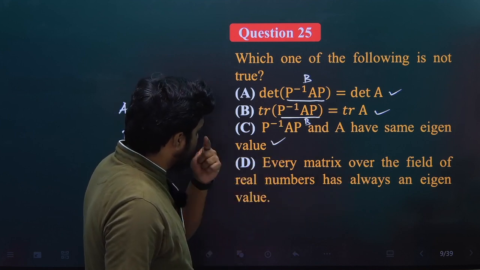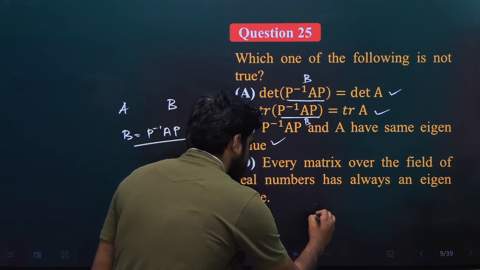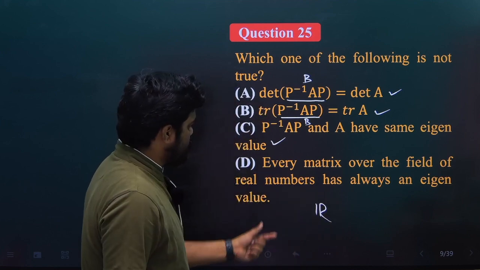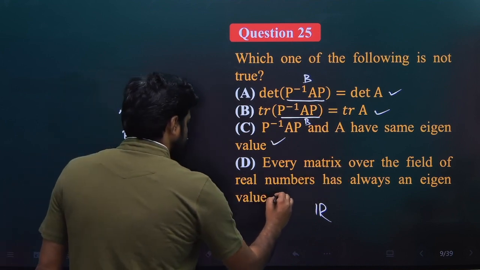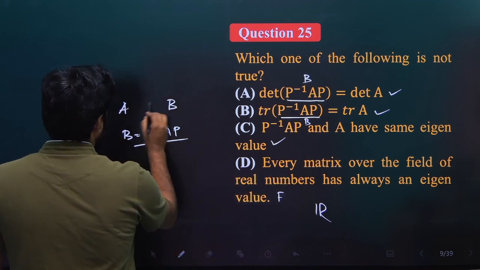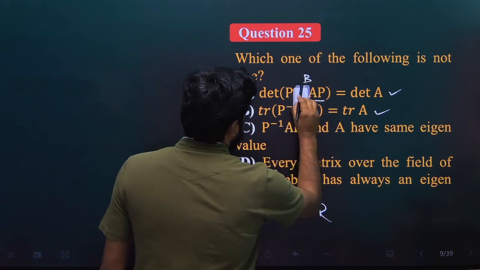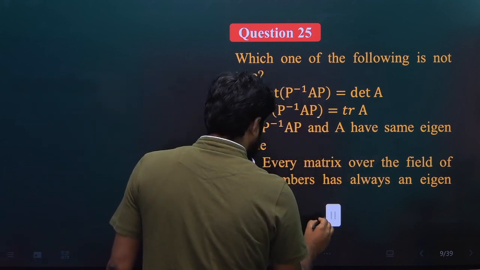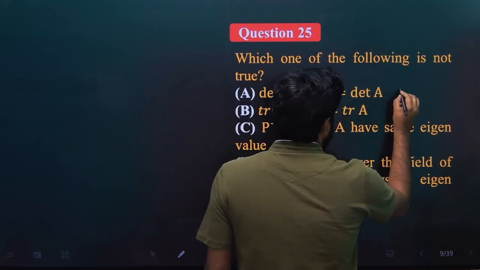Since I said the field is real numbers, this is not true. Why is this false? What is the reason? Is it clear?